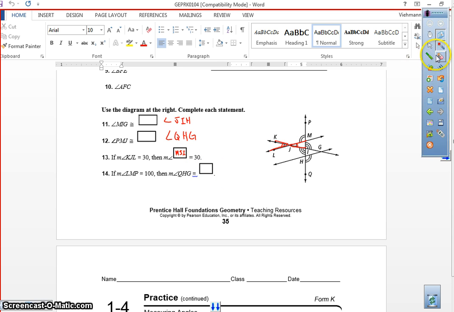Everybody see that? All right. 14. The measure of angle LMP is 100. Then QHG is also what? 100.